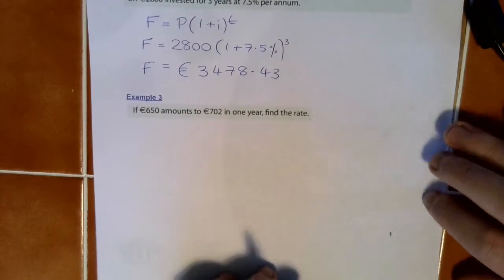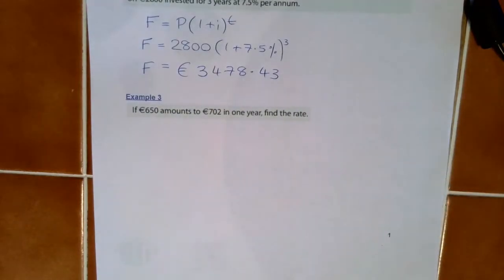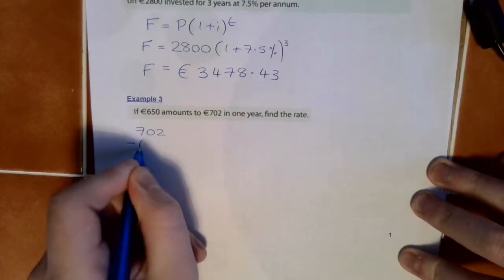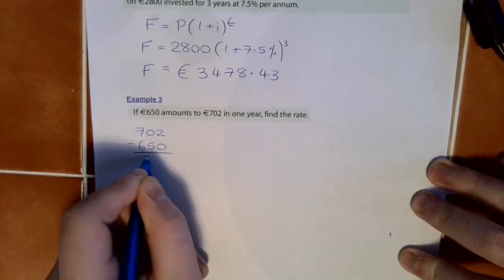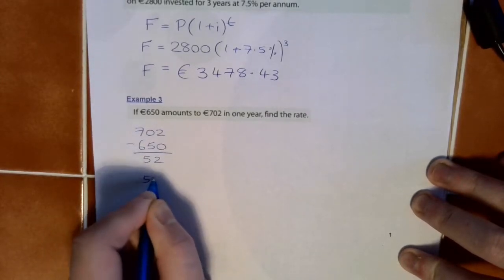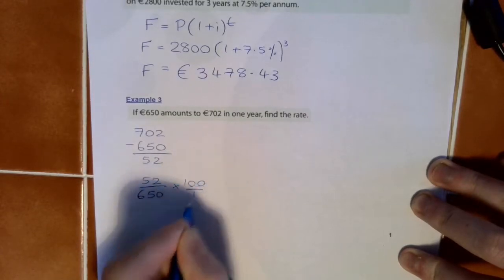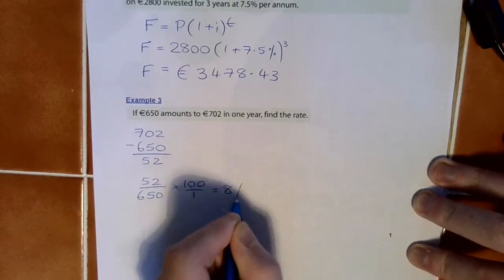The next part, it says if €650 amounts to 702 in 1 year, you have to find the rate. Now it's up to yourself which way you do this. I'm going to show you both ways. You could, if you like, take the two values away from each other and your answer is 52, and then you would put the 52 over 650 and times by 100 over 1, and your answer would be 8%.